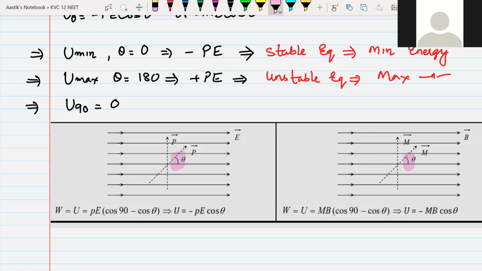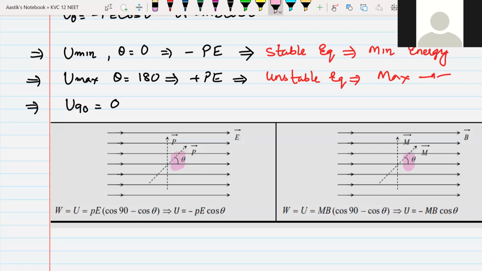We'll come back to this again once more when we do magnetic field. Noted it down, beta? Yes, sir.